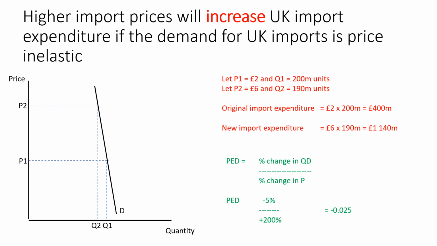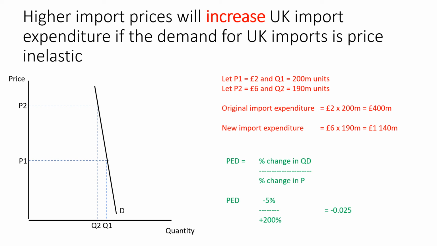So we could maybe see if we can make this even easier. Let's substitute some numbers for the letters. If we assume that P1 was £2 and the original quantity Q1 was 200 million units, our original import expenditure would be £2 times 200 million, which is 400 million. What happened then is prices went up.